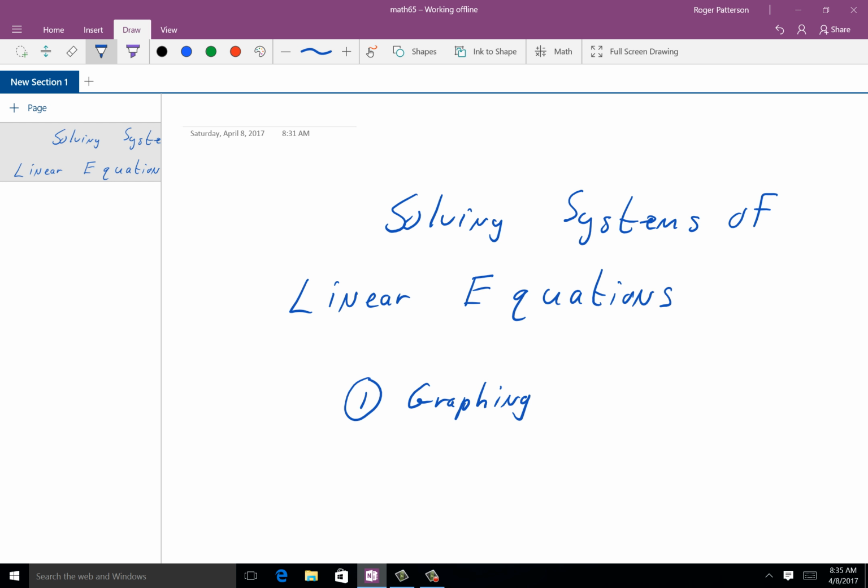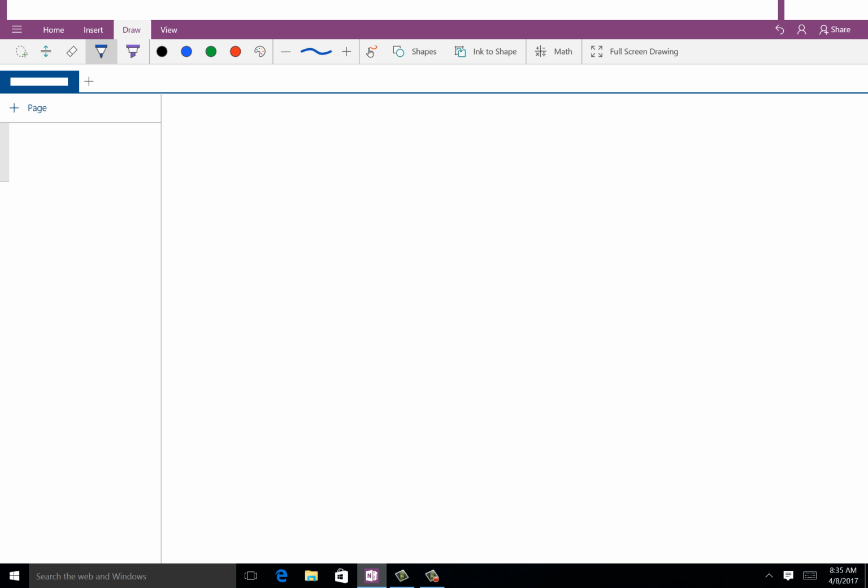It's just way more convenient than doing it the paper, pencil, algebraic way. Another method that we're going to talk about is called substitution. Substitution is a good method in certain situations. Some people like substitution. I always kind of found it to be okay. I think the next one we're going to do and graphing are better.